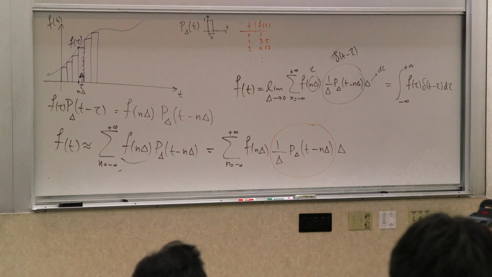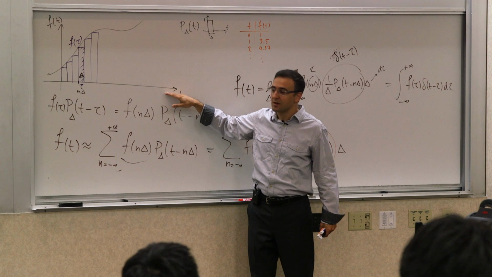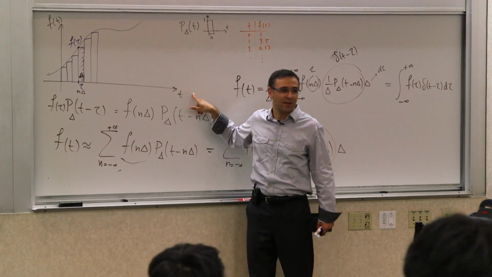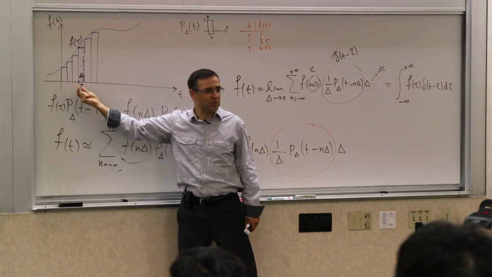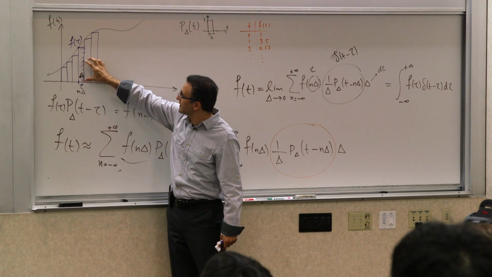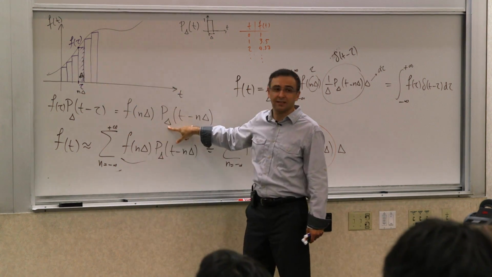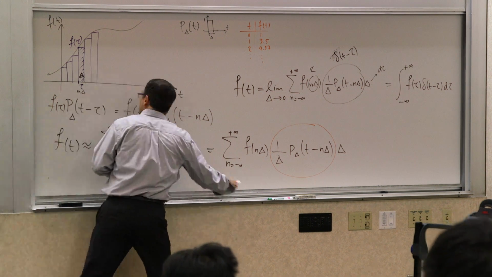Why tau isn't t? Okay, so let me ask you this question. Think about this axis. This axis is t. When I'm adding these pulses next to each other, think about the discrete case. Each one of them is a function, right? Each one of them, let's say this guy, if I were to plot this function by itself, it would look like this.